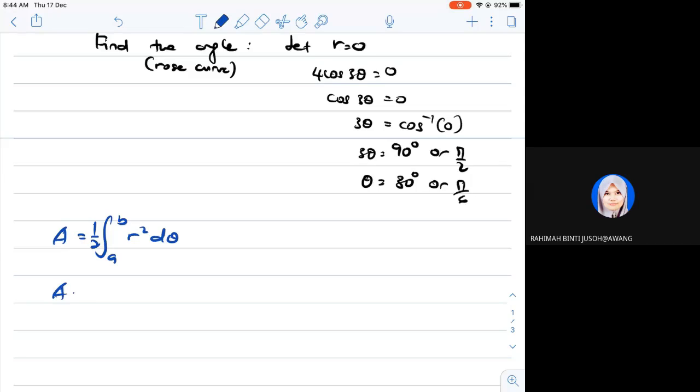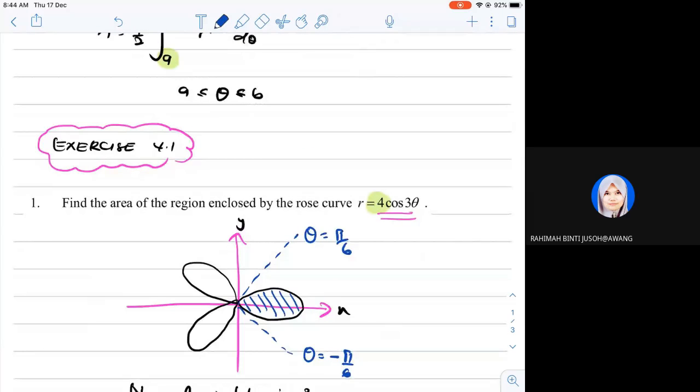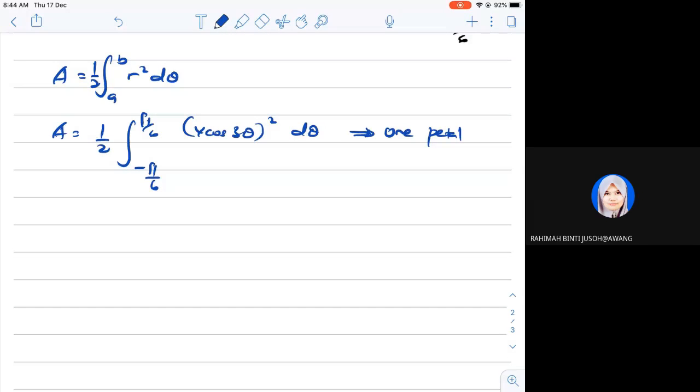So area equals 1 over 2 integration from negative pi over 6 until pi over 6 of 4 cos 3 theta squared d theta. This is for one petal. But the question did not mention the number of petals, so we assume it wants all petals, so we have to multiply by 3.